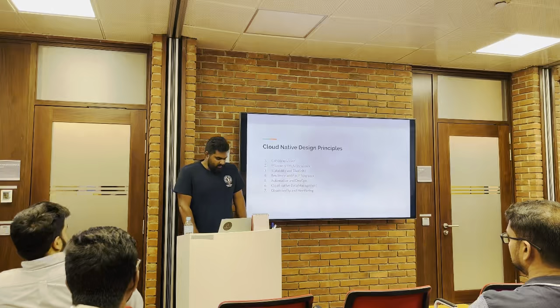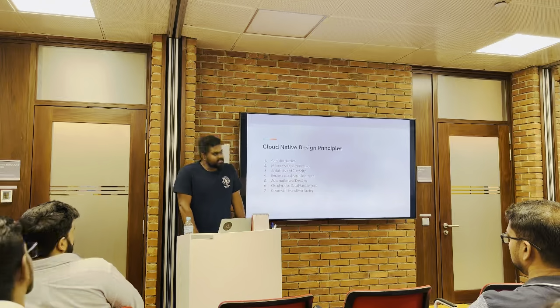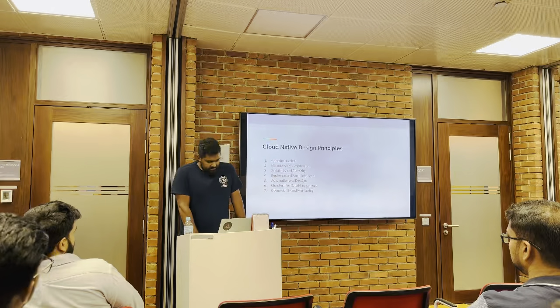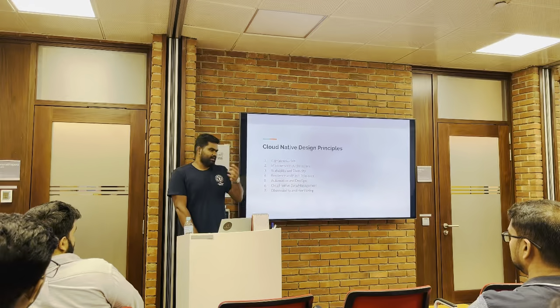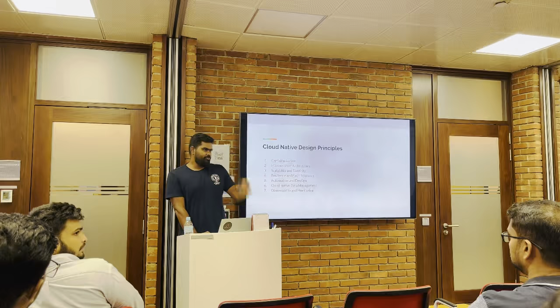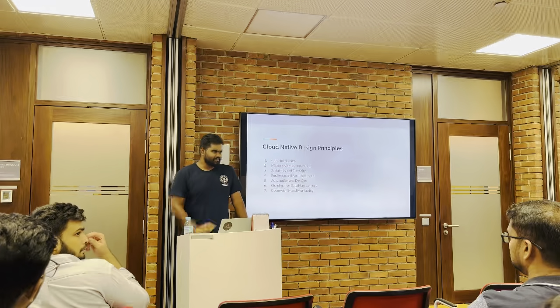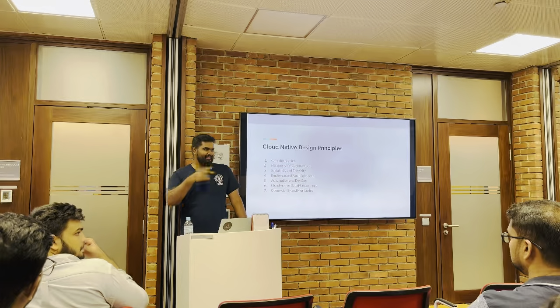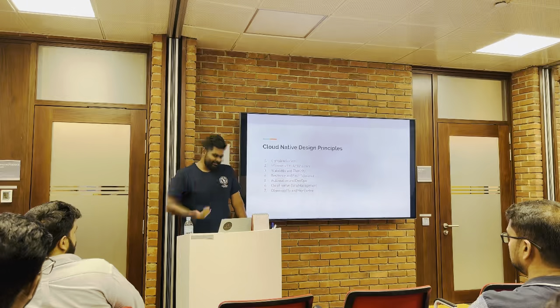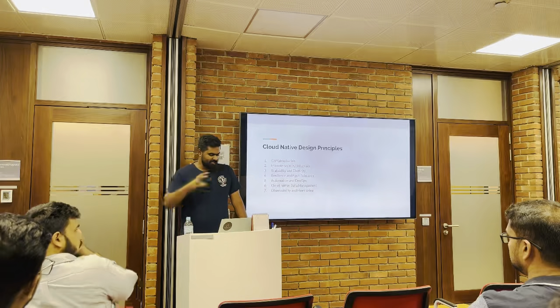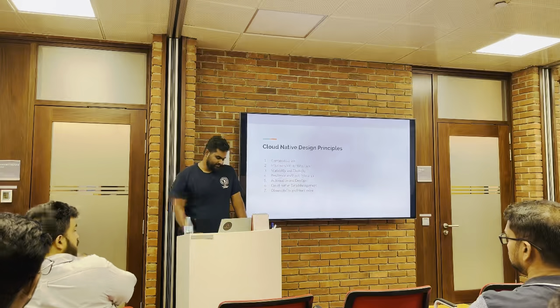So I'll quickly talk about cloud native design principles. Kalinda touched on this a bit with 12-factor apps. There's a book called Beyond 12-Factor; in the modern cloud native world, it's called 12 plus 3, three core factors in addition to the 12-factor, which touch on observability and other things.